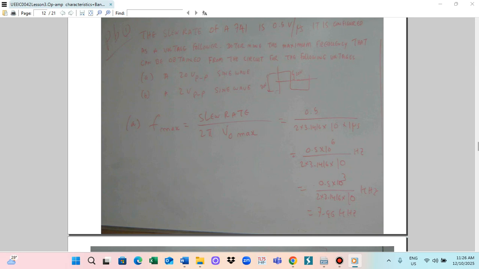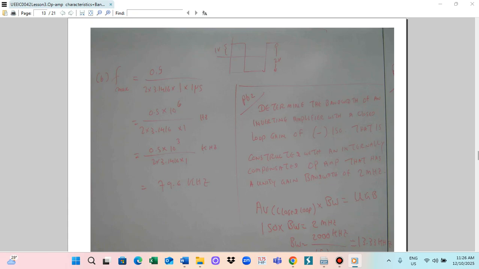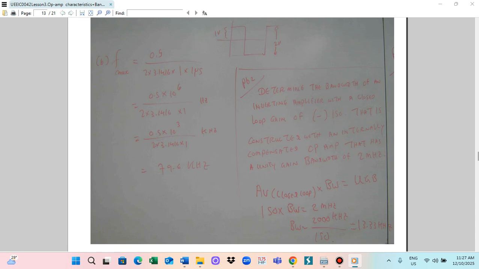So this is for part A. For B, F maximum is equal to 0.5 divided by 2 times 3.1416 times the voltage. For 20 volt P2P, you have to substitute 10 volt, because P2P here changes to half.